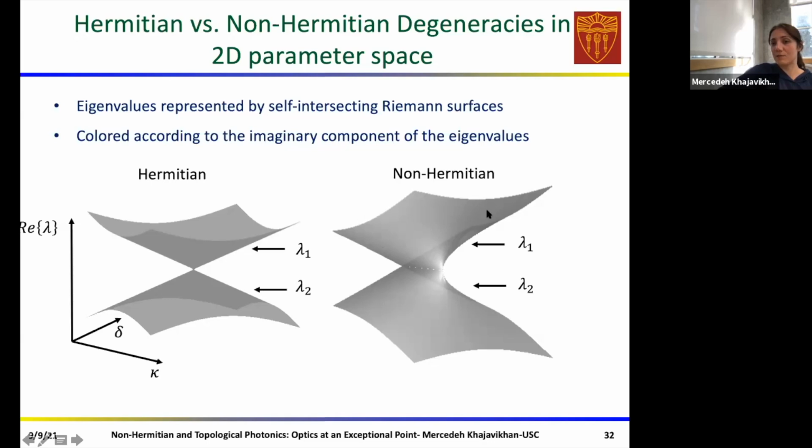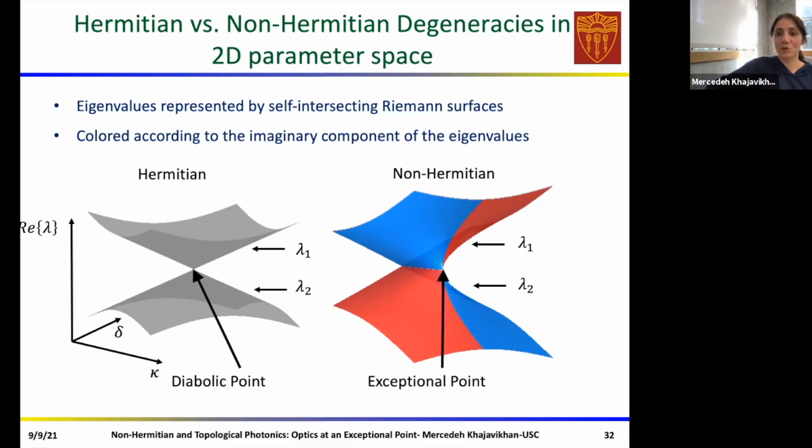Now, as I said, non-Hermitian systems give you this type of sheets that are so twisted and so different in many, many ways. So it immediately introduces new topics to this area. One interesting thing that comes up is what happens to the adiabatic theorem.